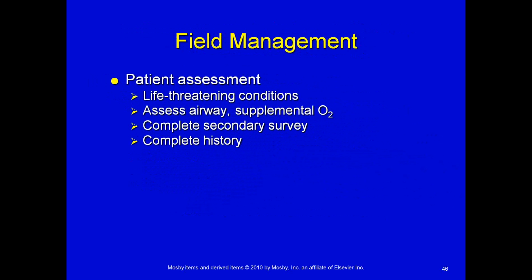As in the case of anaphylaxis, that certainly is life-threatening. So assess their airway, assess the need for supplemental oxygen. Obviously, if they're complaining of shortness of breath, if their pulse oximetry is low, if they're making any noises when they're breathing, those certainly would be indications for the administration of supplemental oxygen.